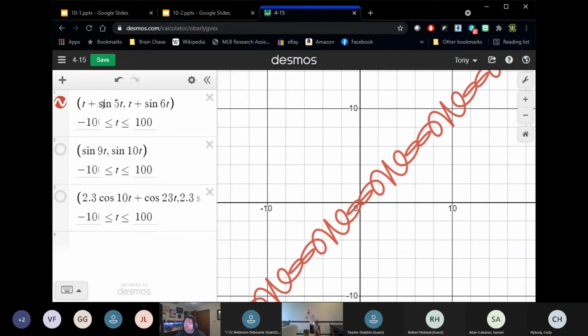So this one is x equals t plus 5t, and then y is t plus sine 6t. And you can see how it's this cool little graph there. So this is also a parametric equation. You can start seeing how if you start playing, especially with the trig functions, you can start to get these really cool, almost like graffiti type graphs out of it.